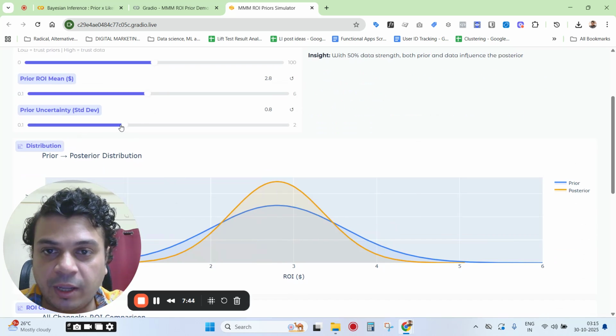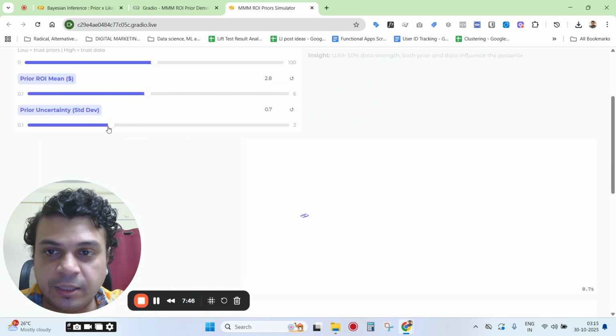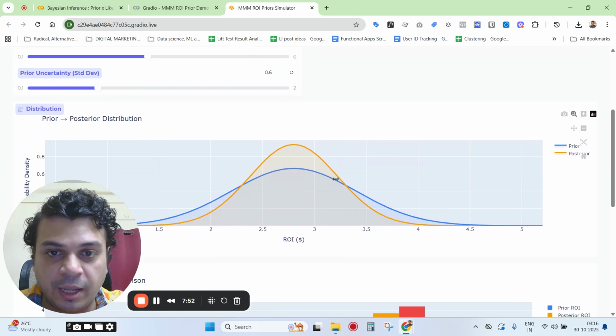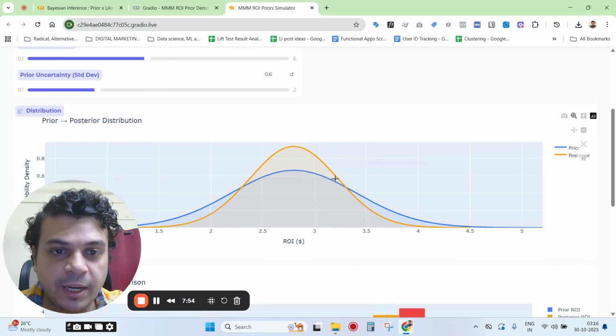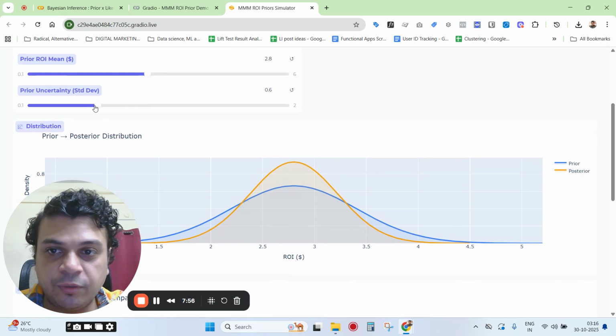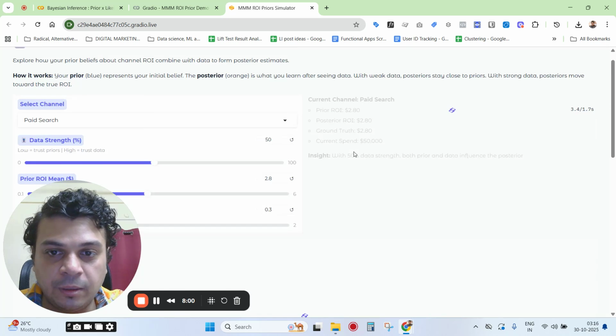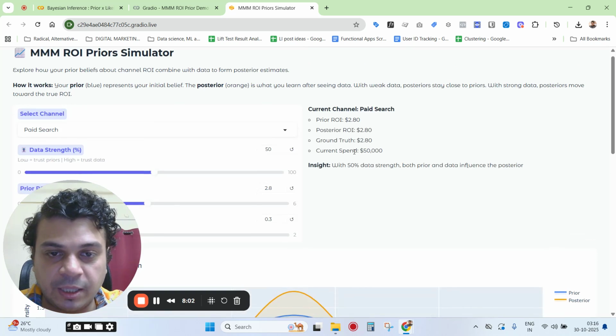So for instance, if I decrease the uncertainty, the standard deviation of the prior distribution, you'll see how it looks. And if I reduce it further, it starts looking even more like the posterior distribution, if I'm not wrong.